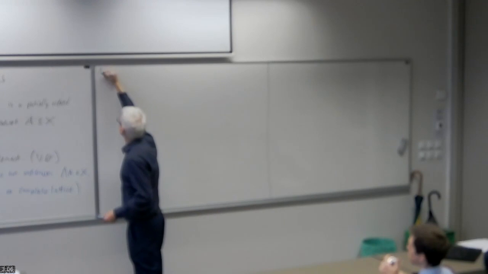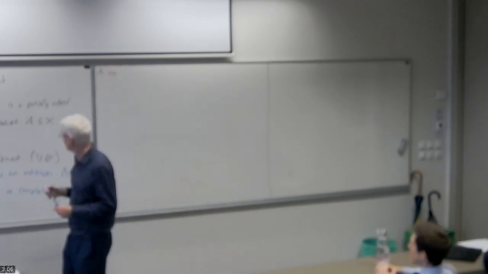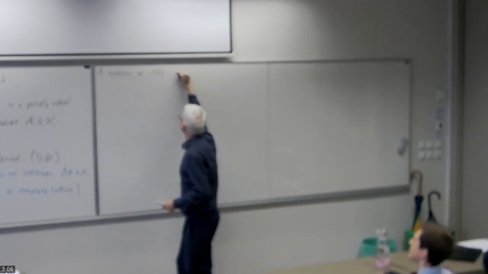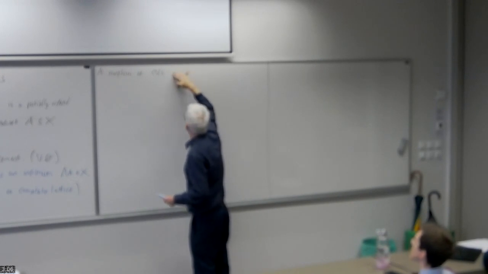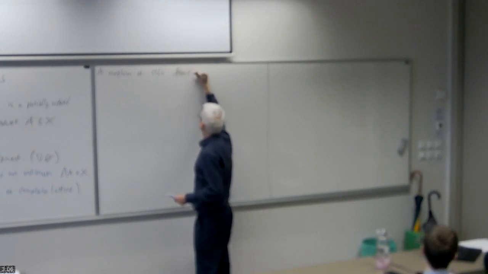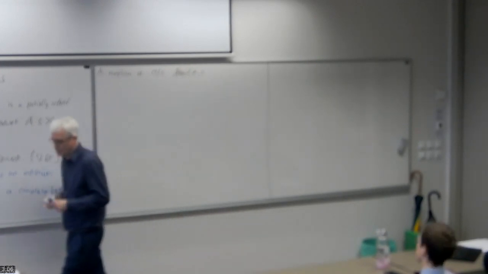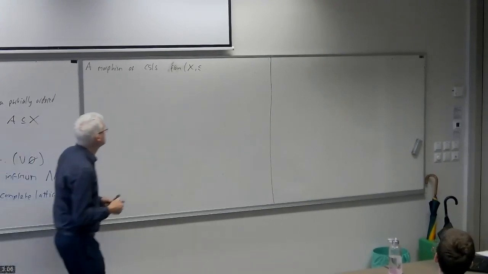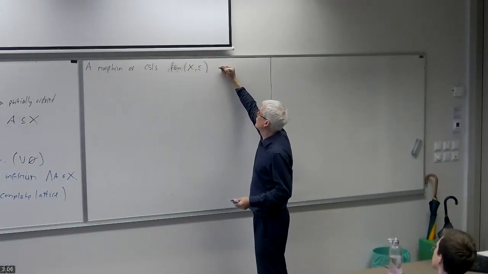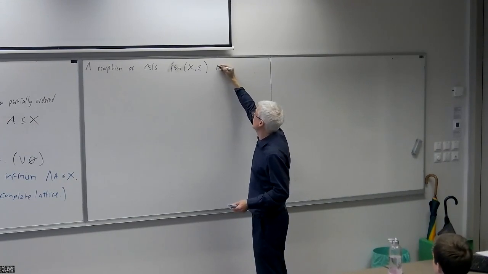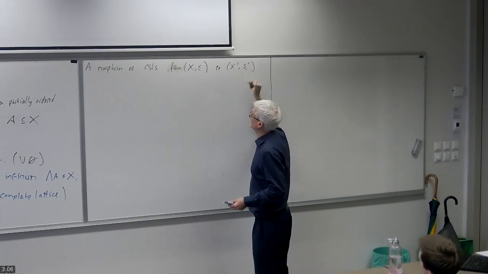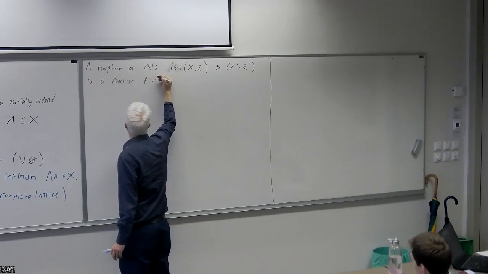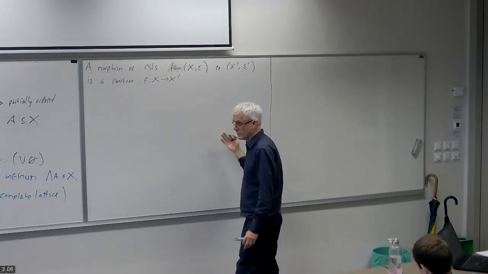So a morphism of CSLs from one complete semilattice x to another, x prime, is a function f from x to x prime that preserves the supremum operation.